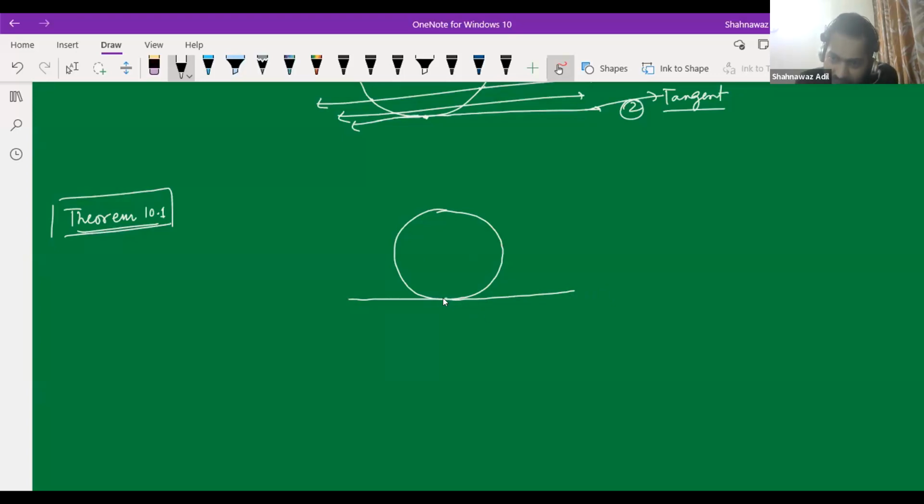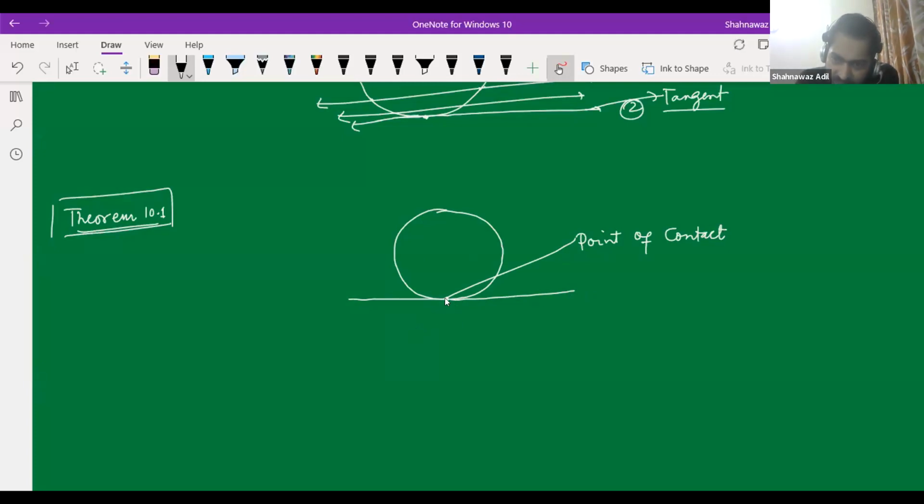This tangent intersects the circle at this point, and this point is called the point of contact.